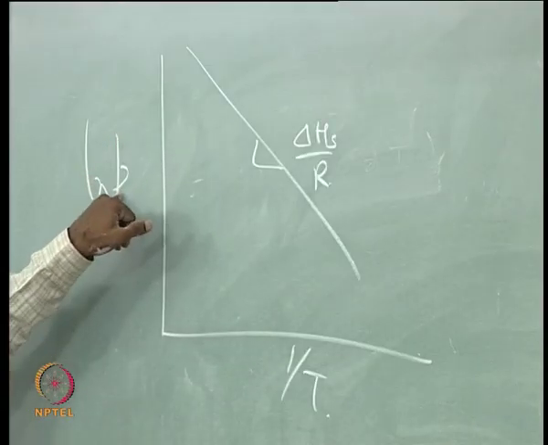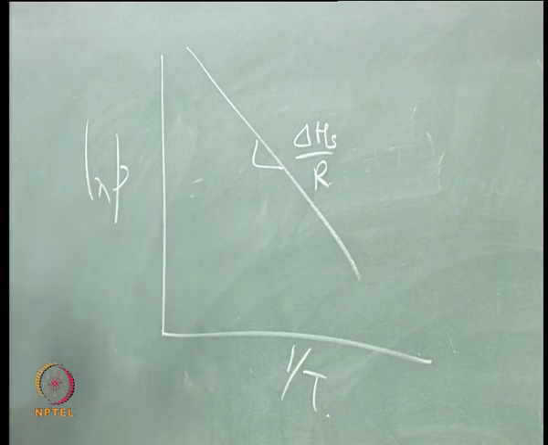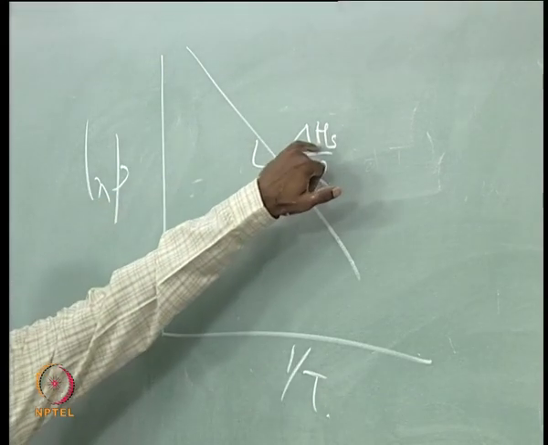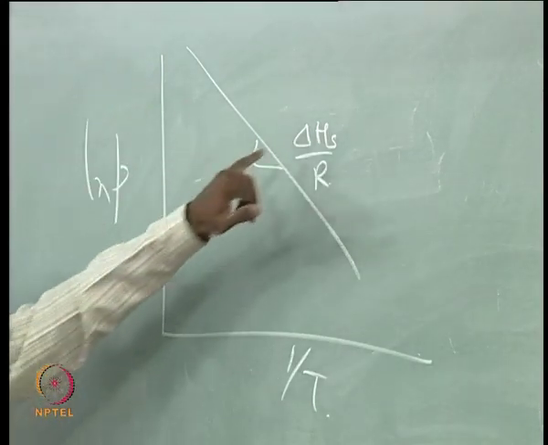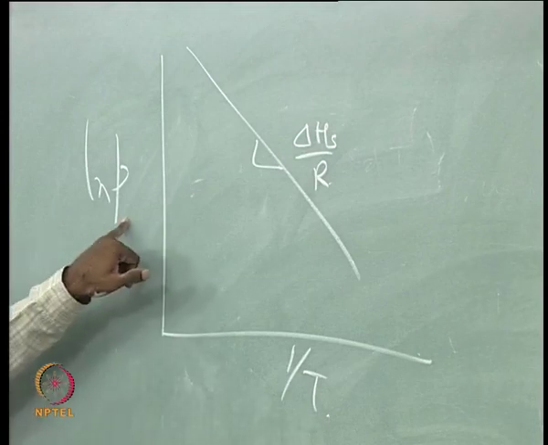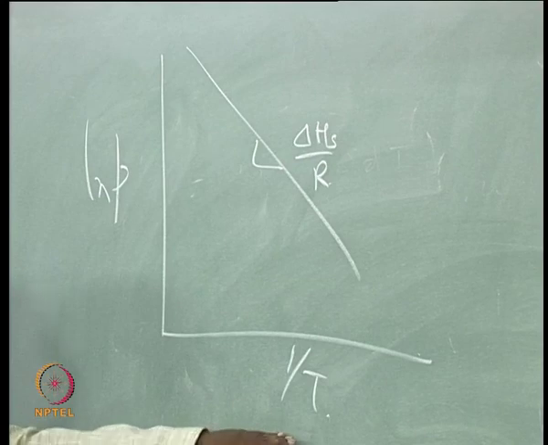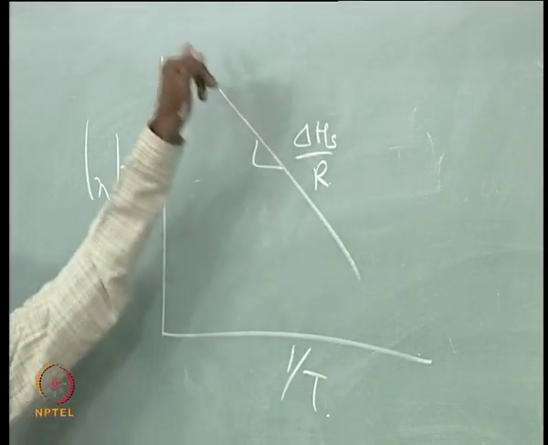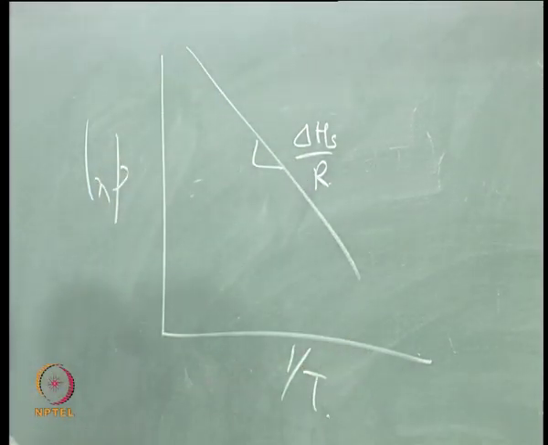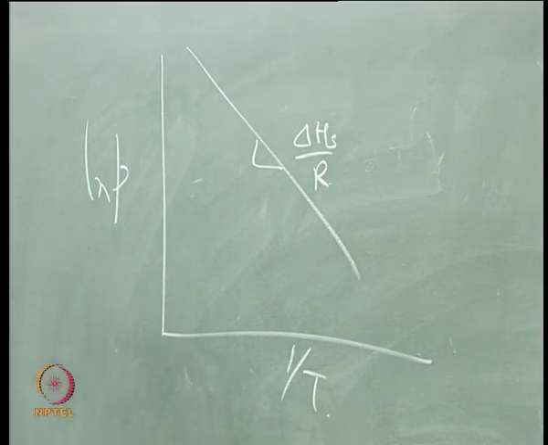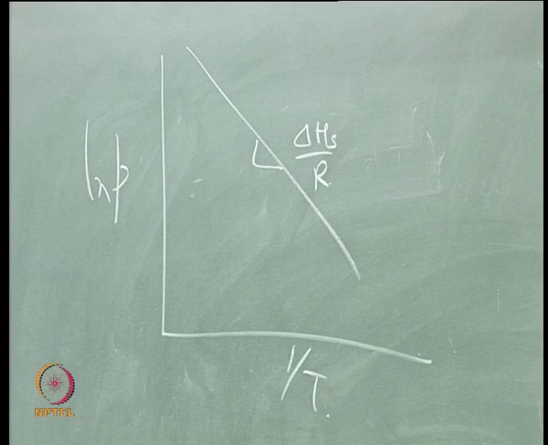So, the partial pressure of the gas that you generate because of the sublimation of a solid is always inversely proportional to this, and the larger this value, the smaller will be the partial pressure. By measuring the partial pressure as a function of temperature, even if you do not know this, at 4 or 5 different temperatures you measure the partial pressure of a particular metal vapor in a chamber.